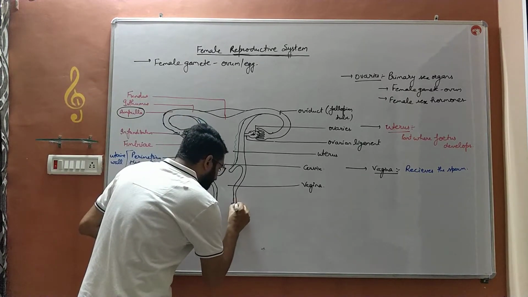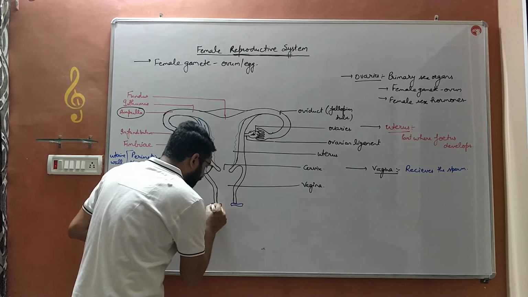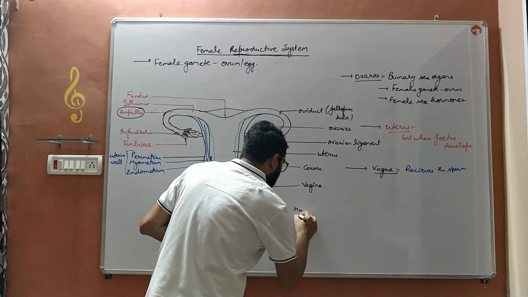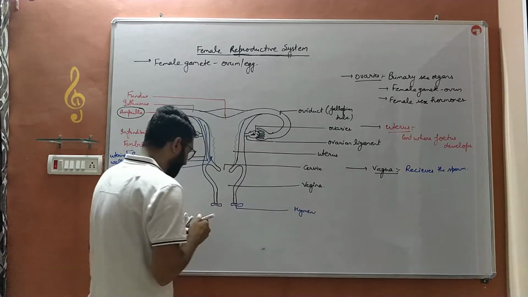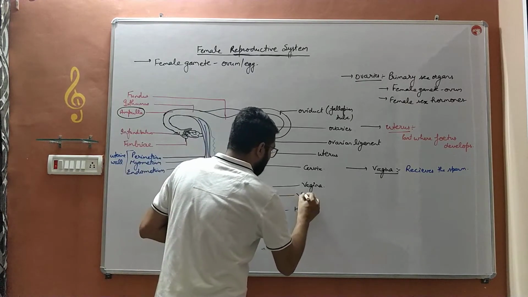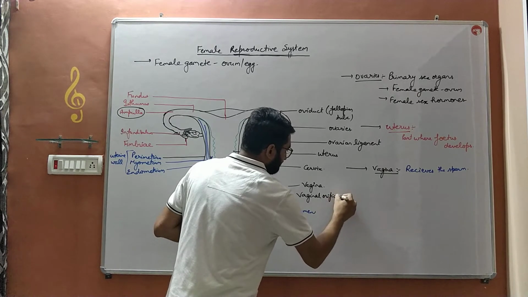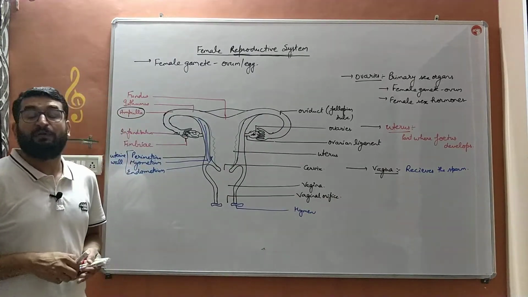This vagina has a structure over it which is known as hymen, and it has an orifice which is known as vaginal orifice. One more thing, bache.